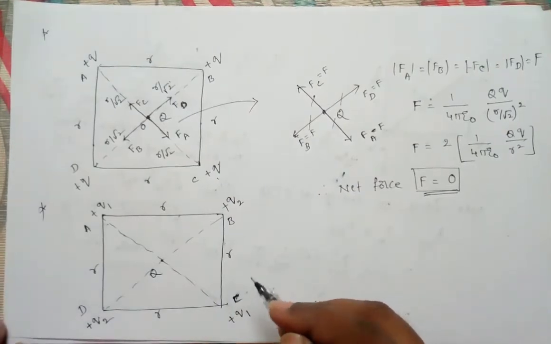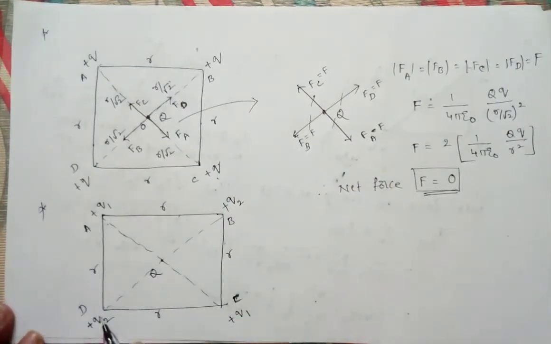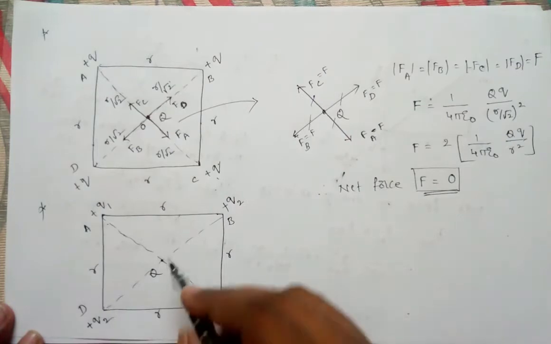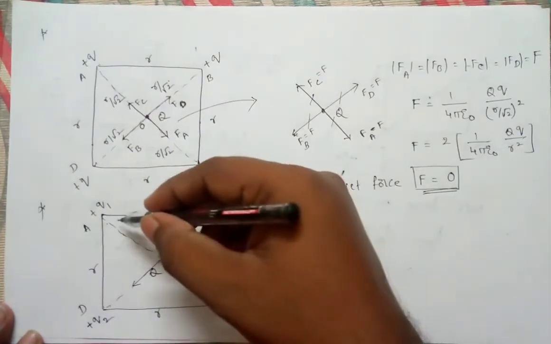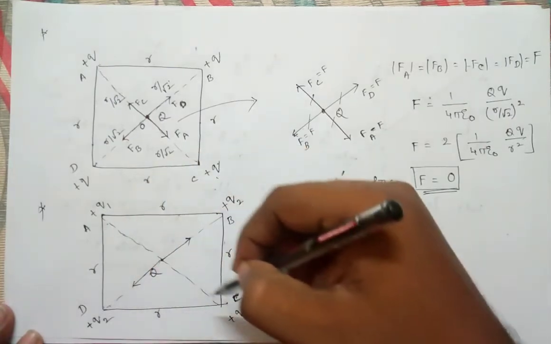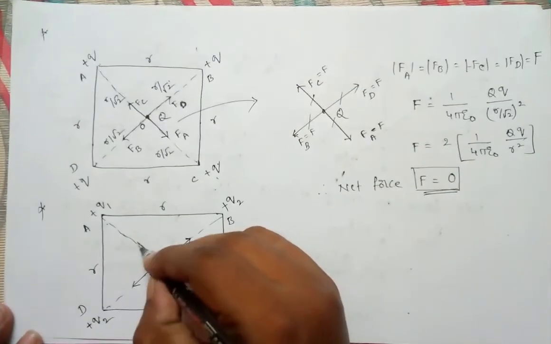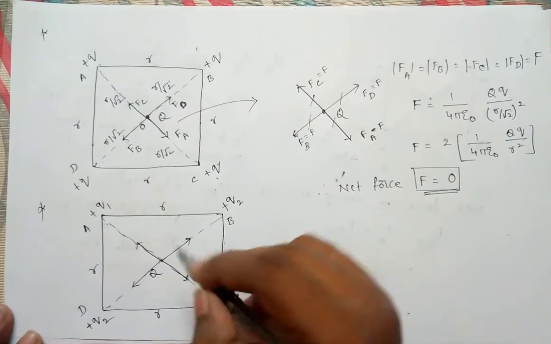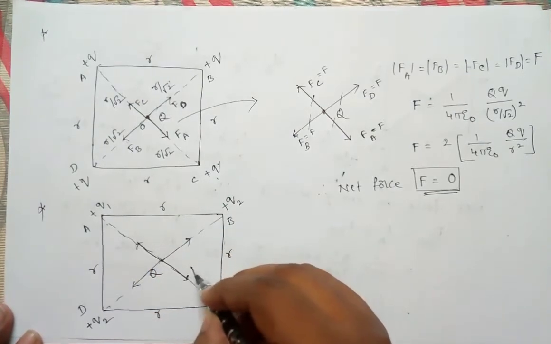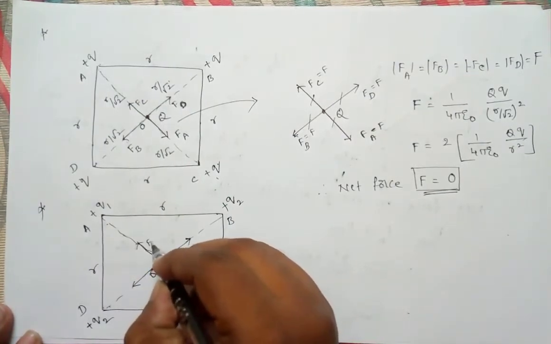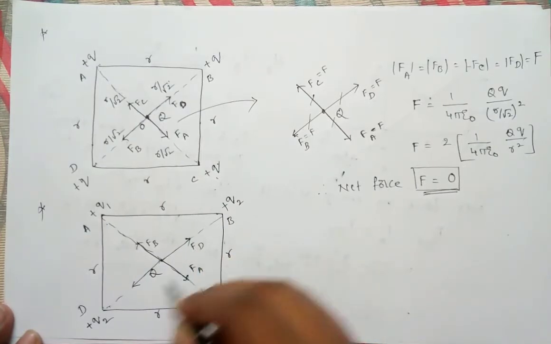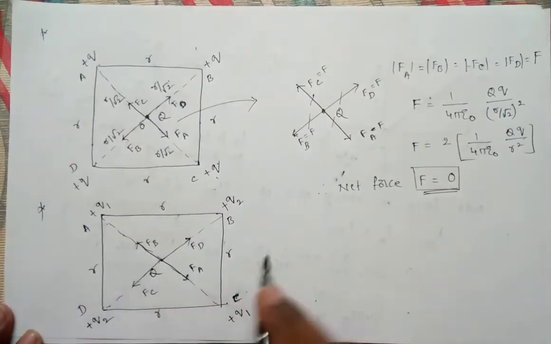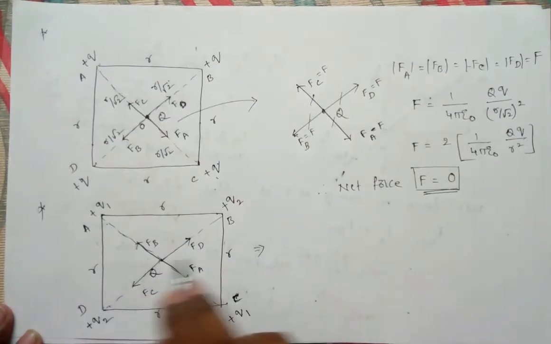Why? Because these two Q1 charges will exert equal and opposite forces. Here we have FA, FB, FD, FC.